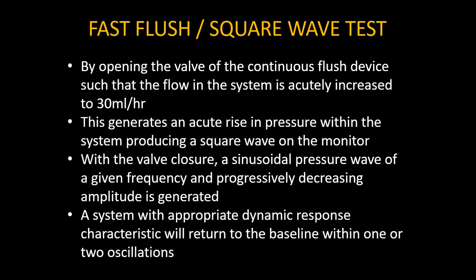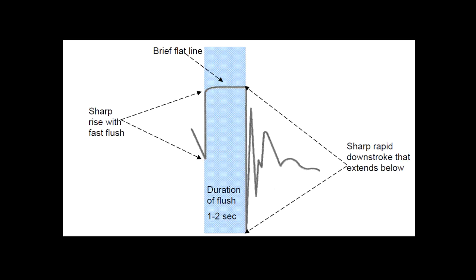With the valve closure, a sinusoidal pressure wave of a given frequency and progressively decreasing amplitude is generated. A system with appropriate dynamic response characteristics will return to the baseline within 1 or 2 oscillations. If it is not coming back in 1 or 2 oscillations, then it is a problem. We will see what it could be. So we look at the sharp rise with the flush test.